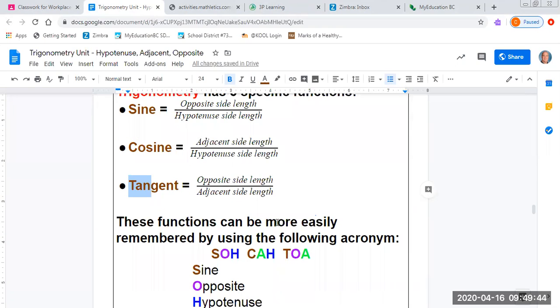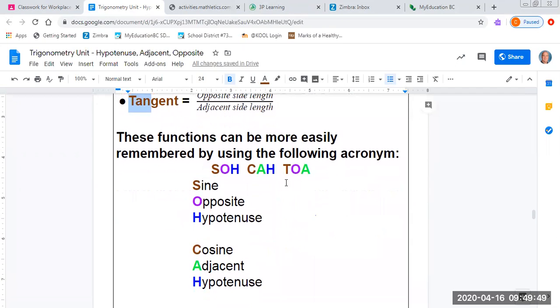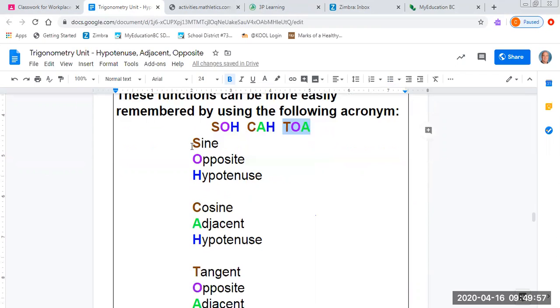Now these functions can be easily remembered by thinking about this acronym: SOH CAH TOA. The S stands for the function sine, and it's reminding us that sine is always opposite over hypotenuse.